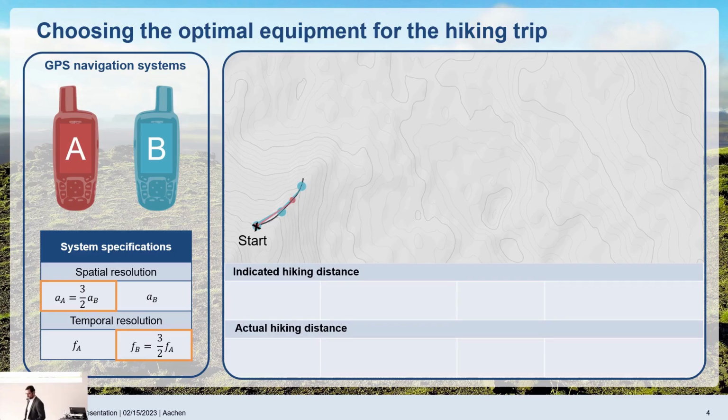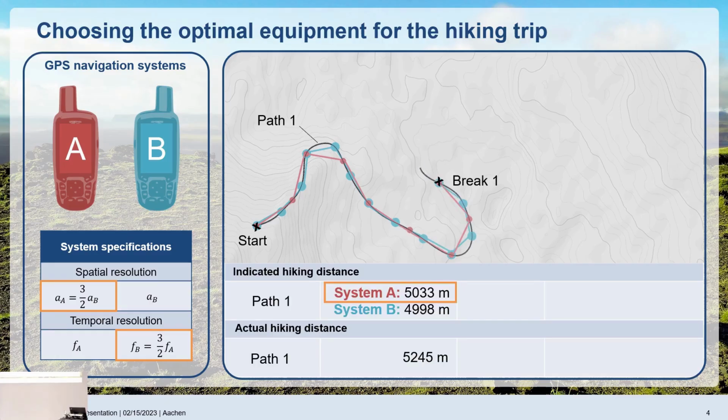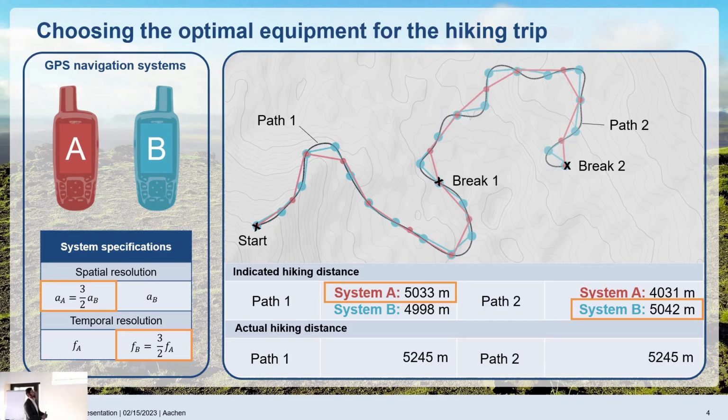So it might happen that while you were traveling and both systems were recording your positions, on the first part of the trip, system A indicates a hiking length which is closer to the actual hiking length. It furthermore might happen that on the second part of the trip, system B indicates a hiking length that is closer to the actual hiking length.